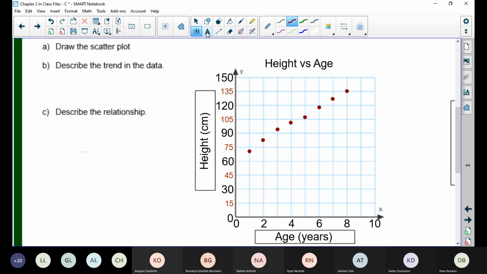Okay, so we got a few more people. All right, so we got about 4 or 5 more people here.